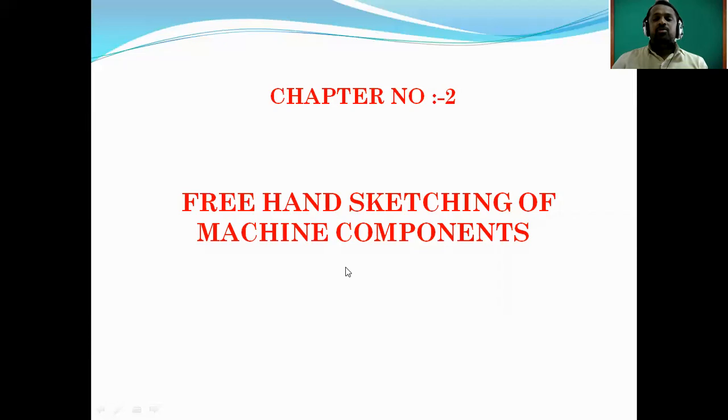What is the use of the rivet? A rivet is used for joining two plates. How do we make the riveting? First of all, we take the two plates, then we drill holes in the two plates. According to our requirement we arrange the two plates, either with a butt joint or with a lap joint.